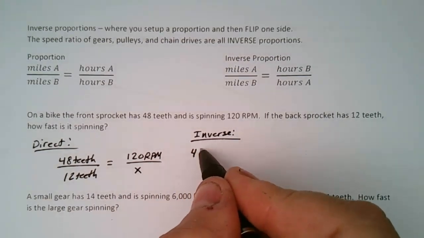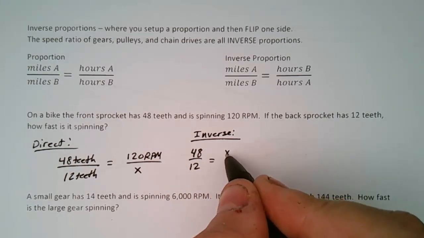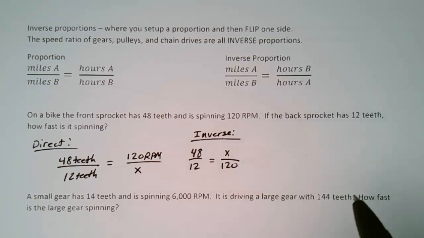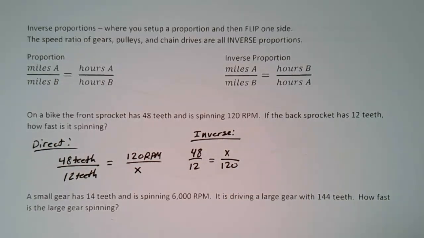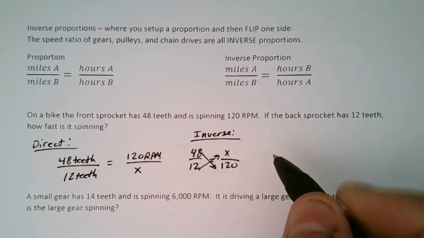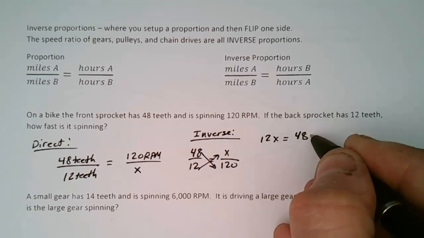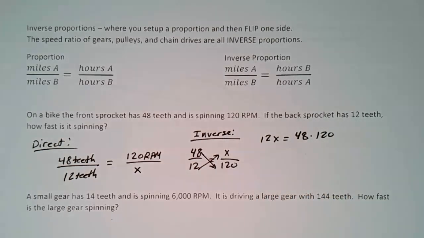So you're going to end up with 48 over 12 equals x over 120. Now to solve this equation, the easy way, just like direct proportions, is you're going to cross multiply. So you get 12x equals 48 times 120.